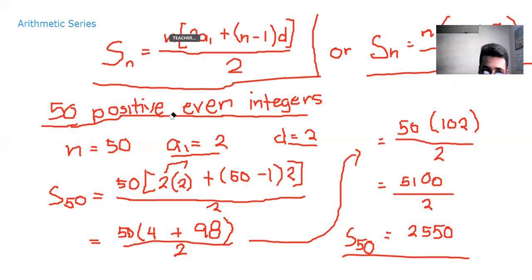Kung ang tanong is first 50 odd naman, sinong kauna-unahan sa odd numbers? Diba si 1? Okay. So, malalaman na natin kung sino yung laging first term kapag tinanong is first positive even integers or first positive odd integers. Okay?